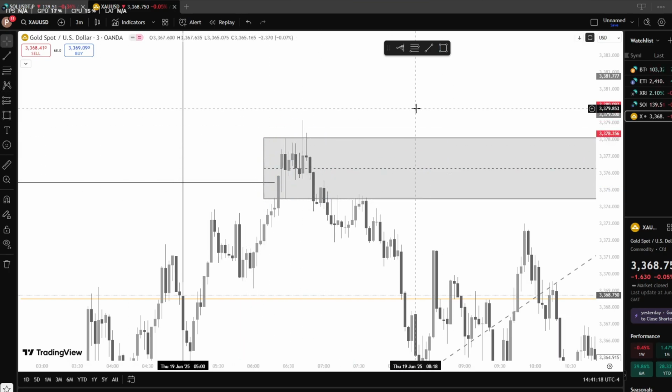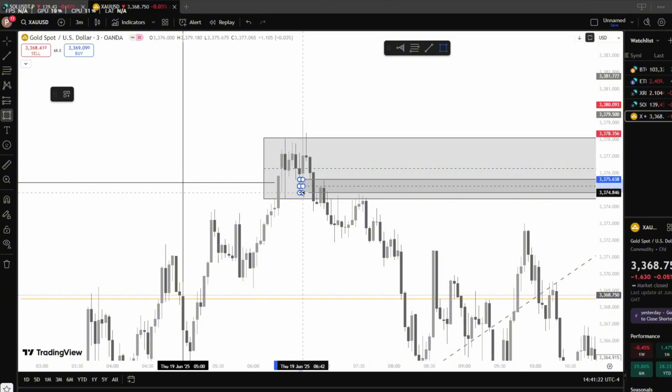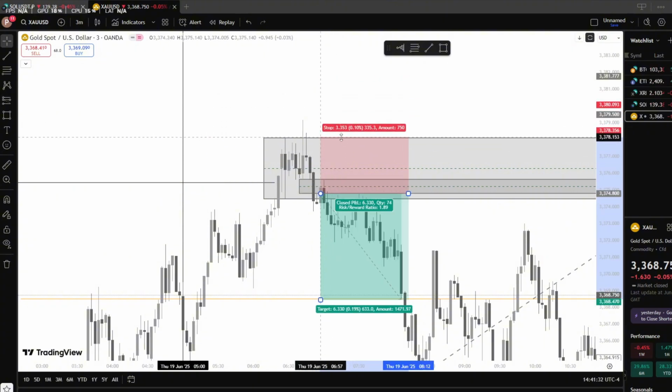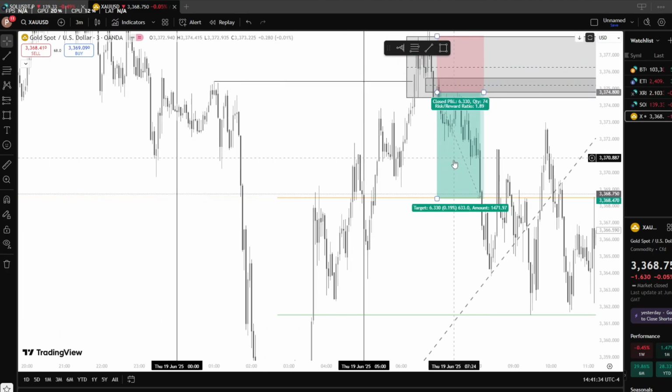So there's our breaker, and there's our fair value gap. As price broke through the breaker, we had the fair value gap during. We take a short at the bearish fair value gap. SL up top of the breaker, target down to the 50%.